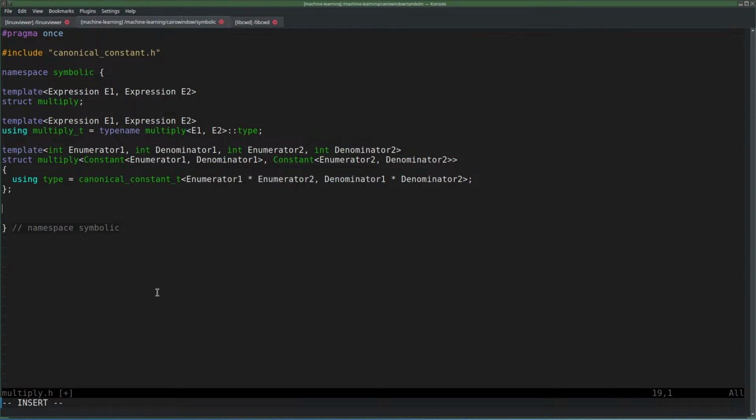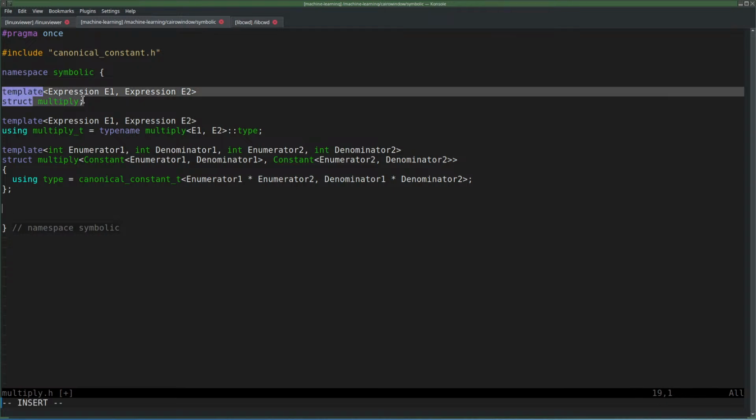I was thinking of using requires, but I think you have to specify the same requires while specializing a class or a struct. So my idea was I just define, let's say, this, but then we do requires is constant.